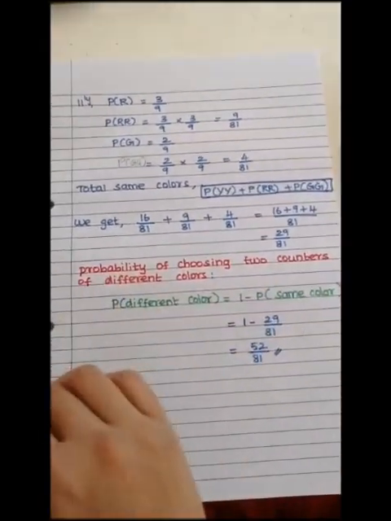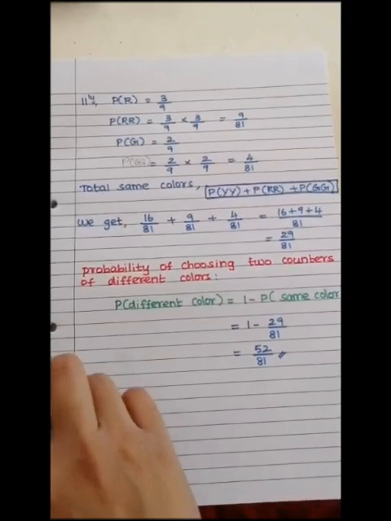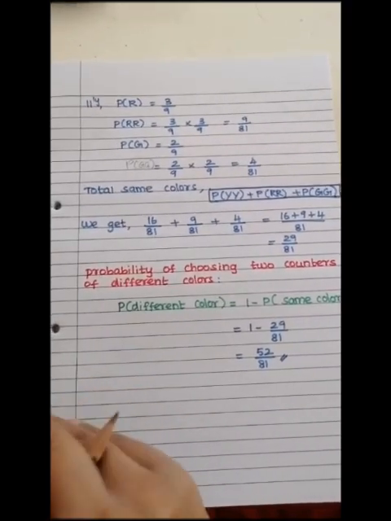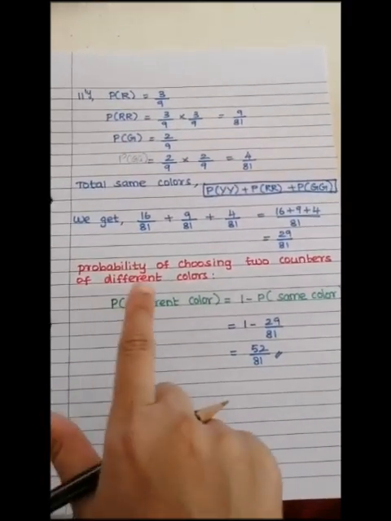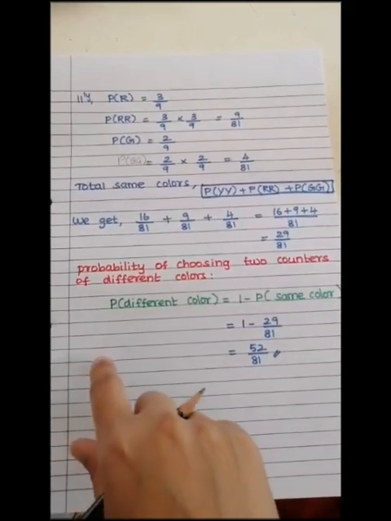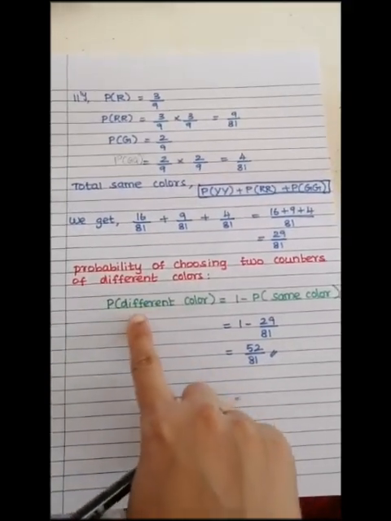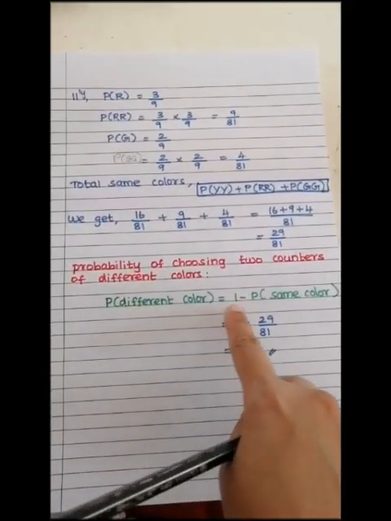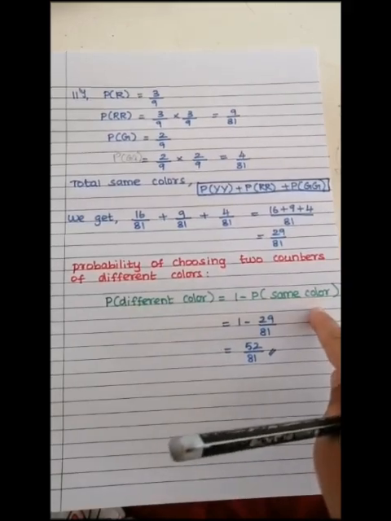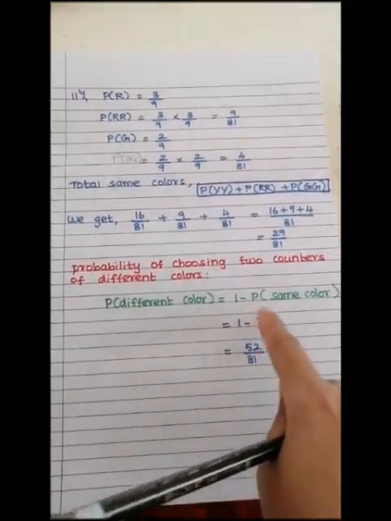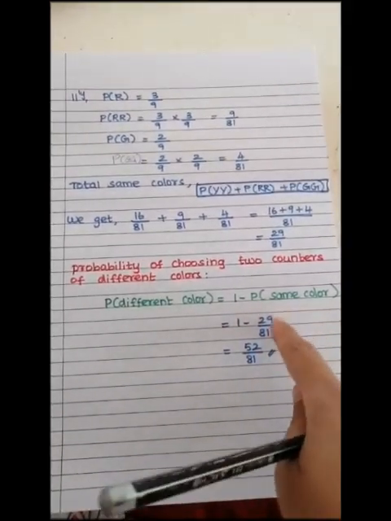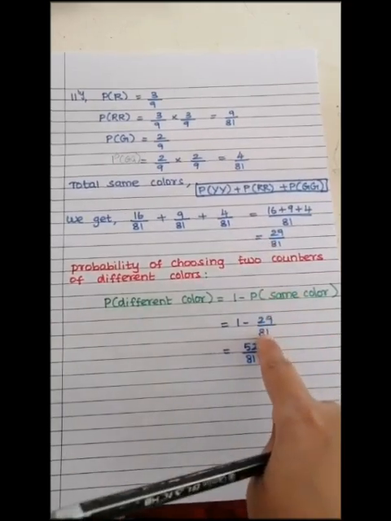Now in the question we have to find the probability of choosing two counters of different colors. We can find it by the complementary probability. P of different colors is equal to 1 minus P of same color. The same color is 29 by 81.